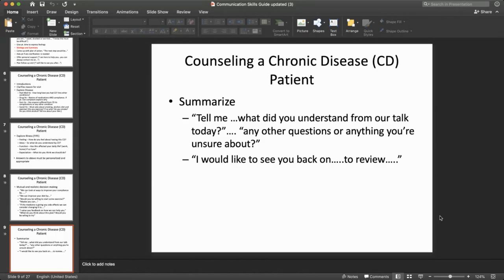And perhaps the very last thing you must do is arrange follow-up after summarizing. You can't just leave the patient hanging. Once they have agreed to a mutually acceptable way forward, then there's a need to close the interview by asking the patient to come back for a review or to contact you if they have any further questions.